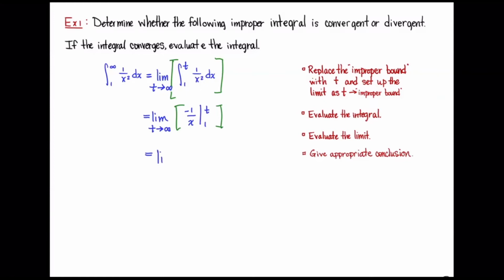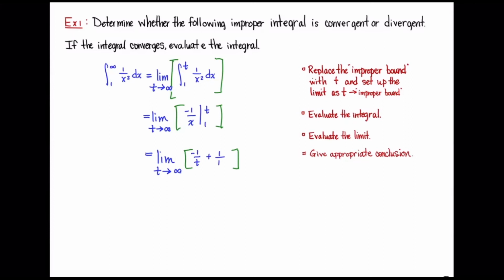This is equal to the limit as t approaches infinity. And let's sub in our upper and our lower bound. So at x equal to t, our upper bound, we have negative 1 over t. And then minus a negative gives us a positive 1 over 1.